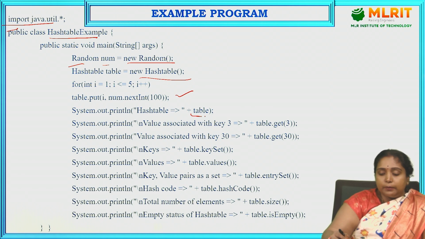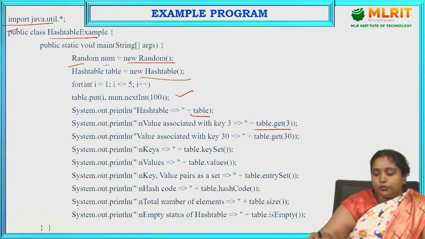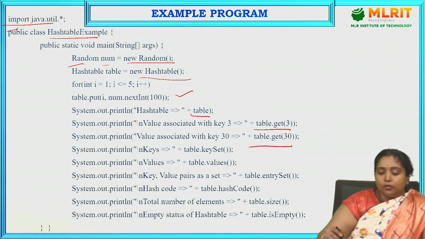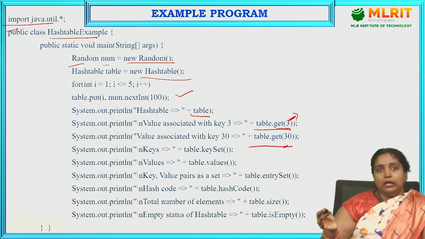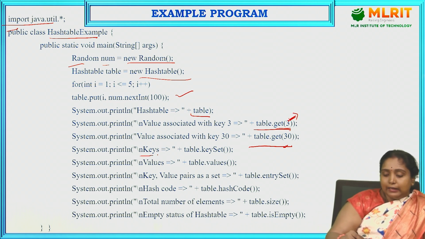Next, I am printing that hash table and I am checking get of 3 and get of 30, which is nothing but get of key value. So, key 30 and key 3. It will check what value is present at key 3 and at key 30. And keys, what is the key set?